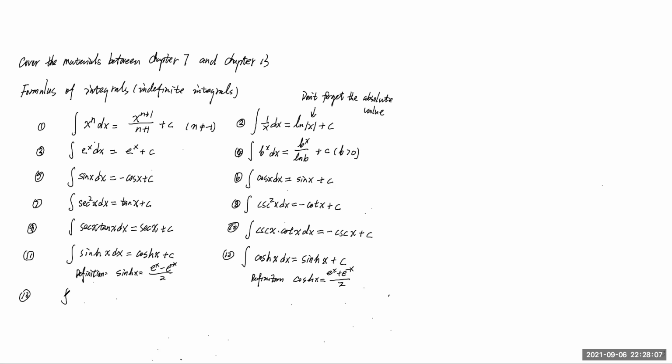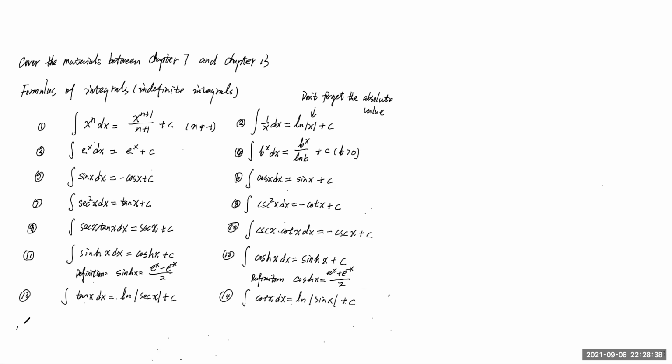Okay, one more is 13. This is the antiderivative of tangent x dx, which is ln of the absolute value of secant x plus c. Okay, 14 is cotangent x dx. The antiderivative is ln of the absolute value of sine x plus c.